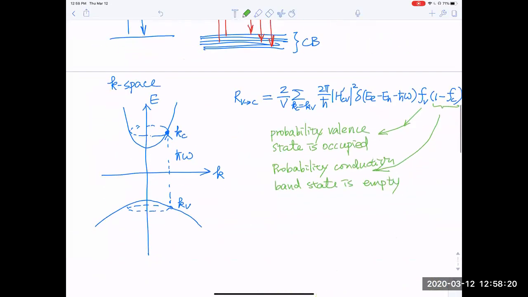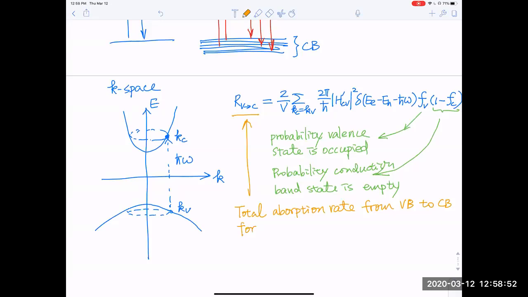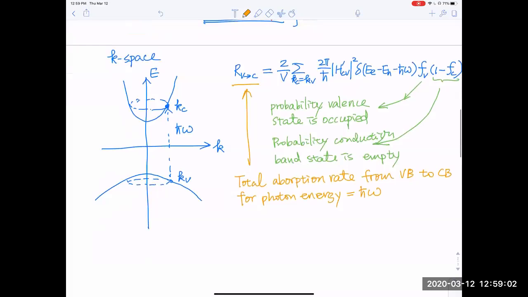The physical meaning of this variable is the total absorption rate from the valence band to the conduction band for photon energy equal to h bar omega, and this absorption rate is per unit volume.